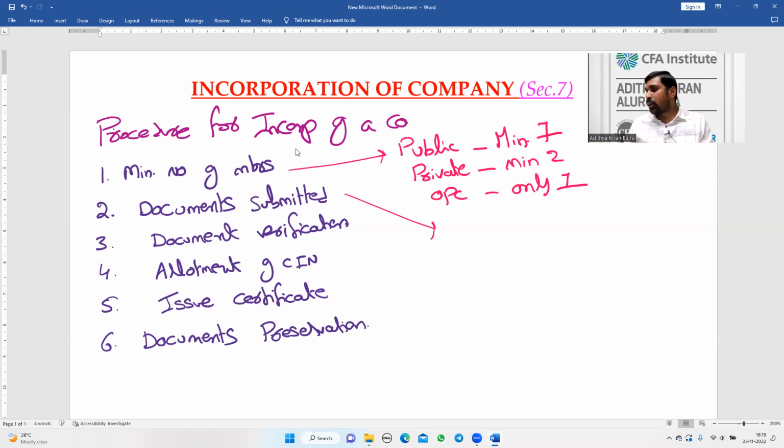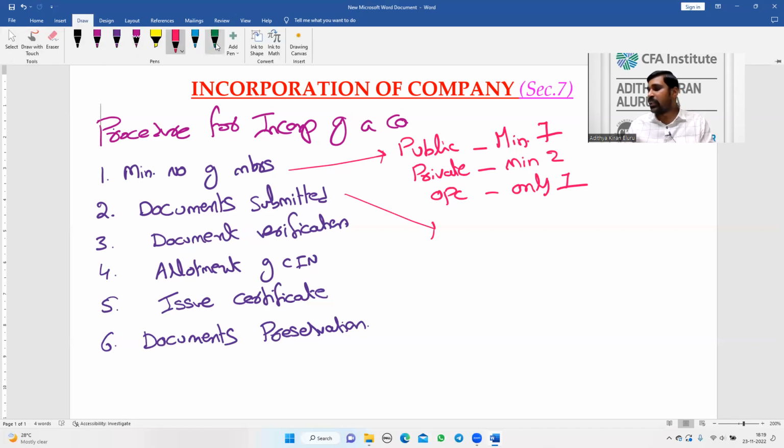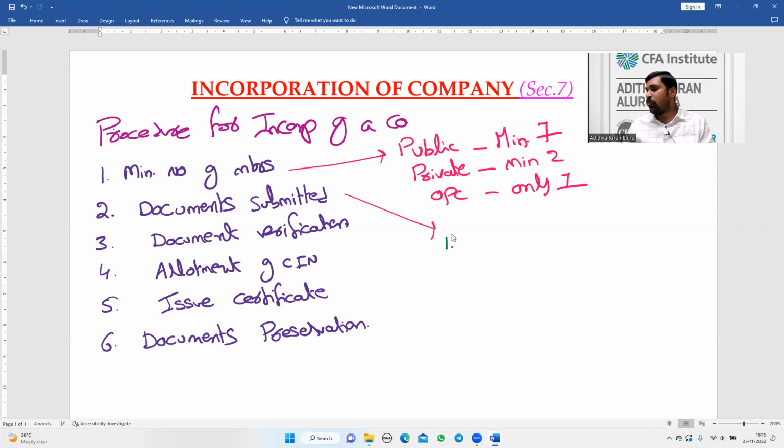And when it comes to the documents, what are the documents we need to submit? We need to submit various documents. Number 1, memorandum of association and articles of association. Next, statutory declaration, a declaration that we have complied with all the provisions.